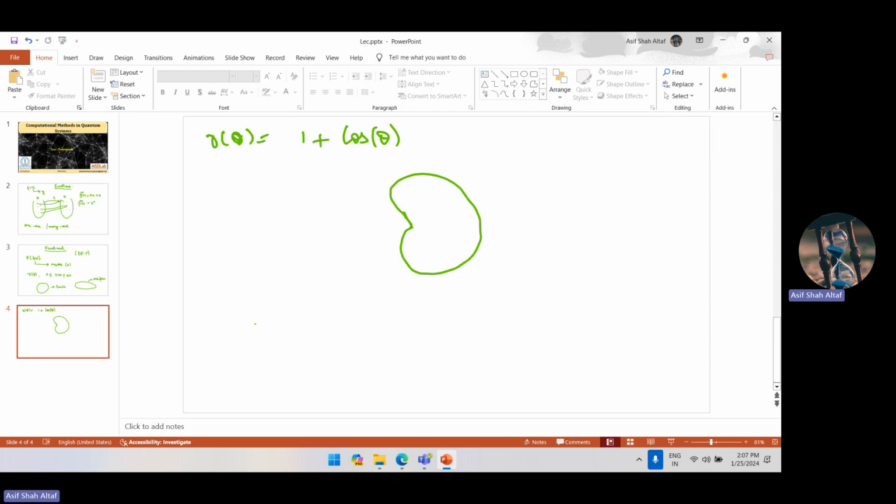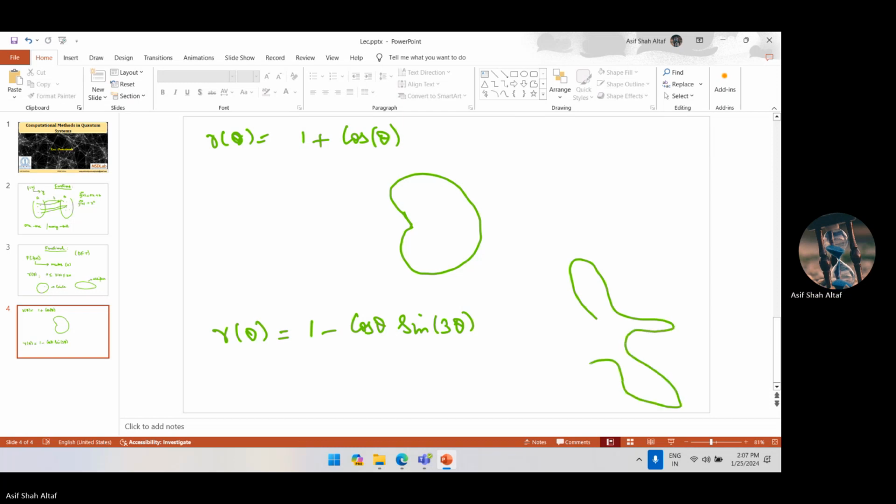One more figure I can write is r equals sine 3 theta, which looks something like this. All of these are just surfaces, or you can say figures in 2D.